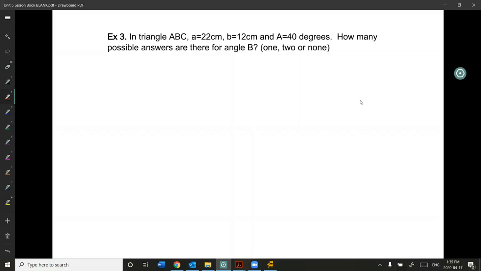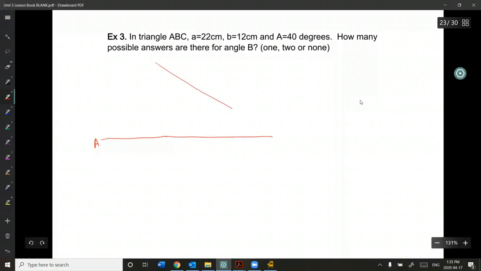Now, a lot of times in order to figure this out exactly, we need to do the math to kind of decide. So here's kind of what we know. I'm going to put angle A, and the angle that I know in that corner. And then we're going to have side A, which is pretty long compared to side B. So something kind of like this.